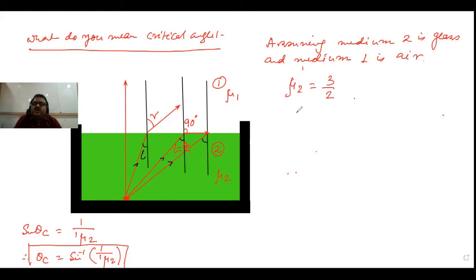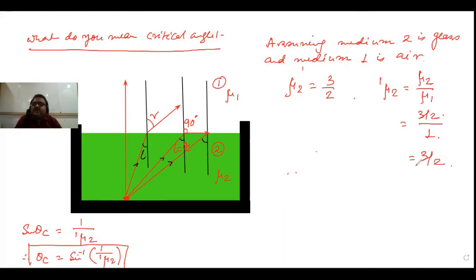So what will I do? I will use this formula, correct? So what is the value of 1 mu2? We know that it is mu2 by mu1. Mu2 is 3 by 2 and mu1 is air, its refractive index is 1, so it is 3 by 2. Clear?